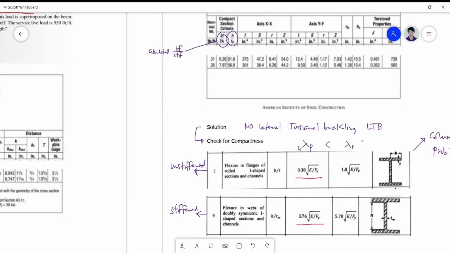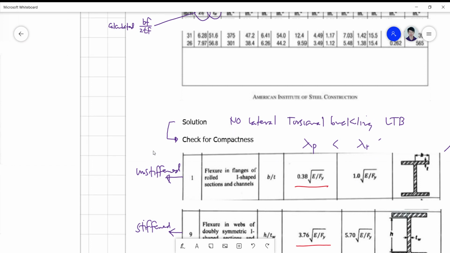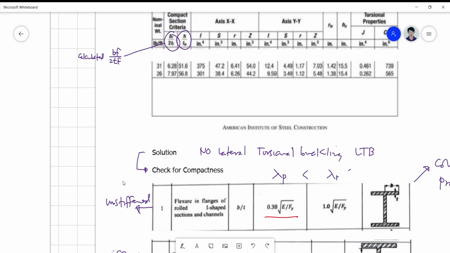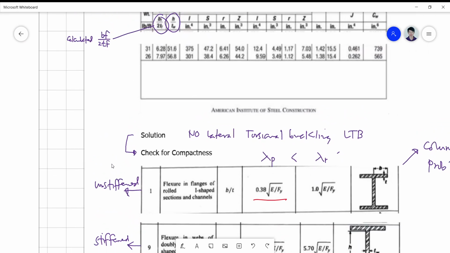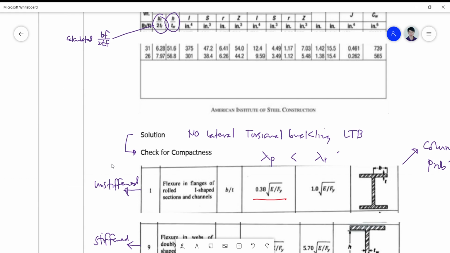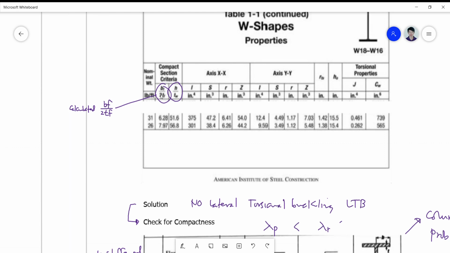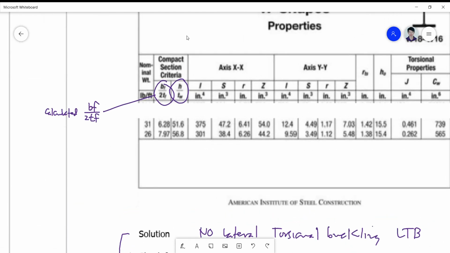Okay, so there's no lateral torsional buckling or LTB involved because your beam is said to be laterally supported all throughout, or continuously laterally supported. So all we have to do is to use the procedure on the compactness and check it in order to determine the moment capacity. Now I'd like to show you the table on the compact section property or criteria.